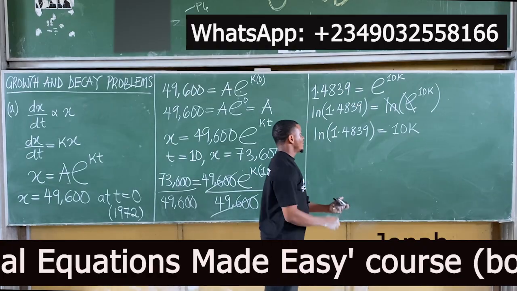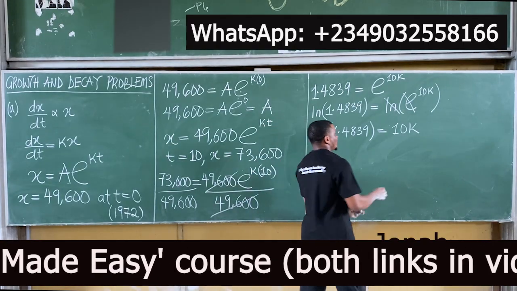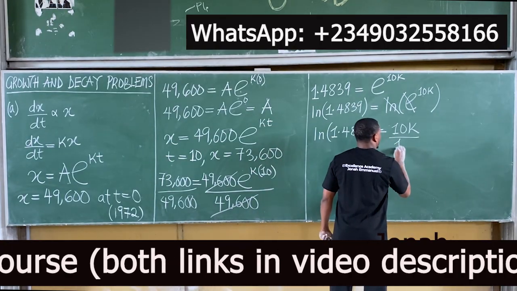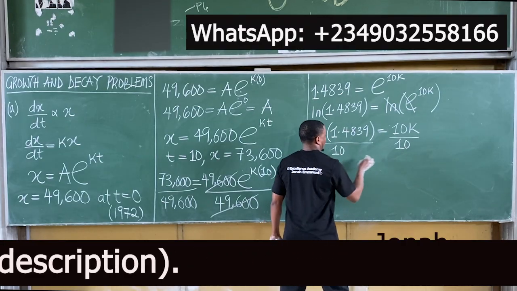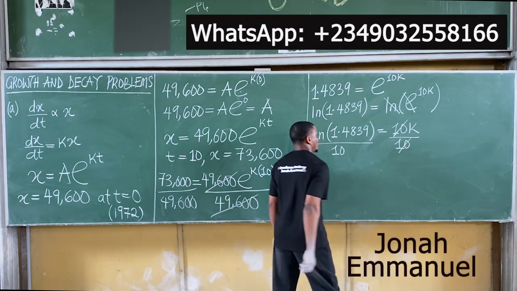So to get the value of k, divide here by 10, divide here by 10. This cancels this. Please give me the value.